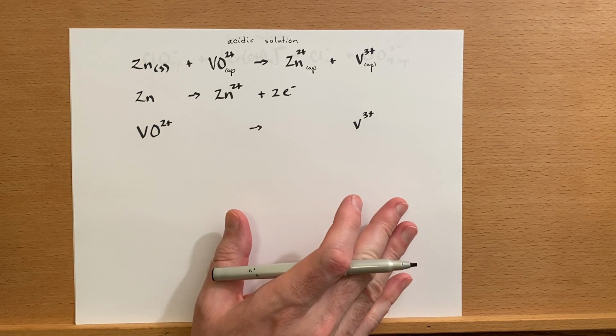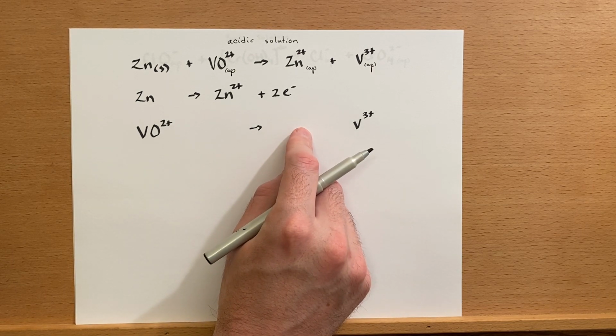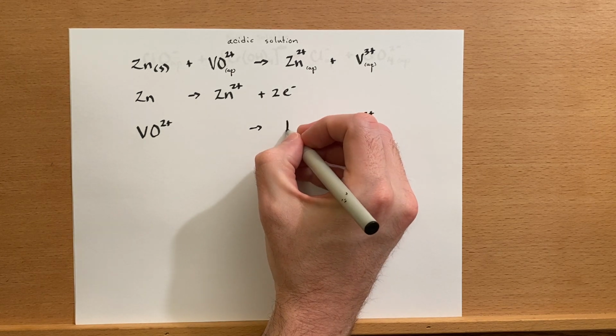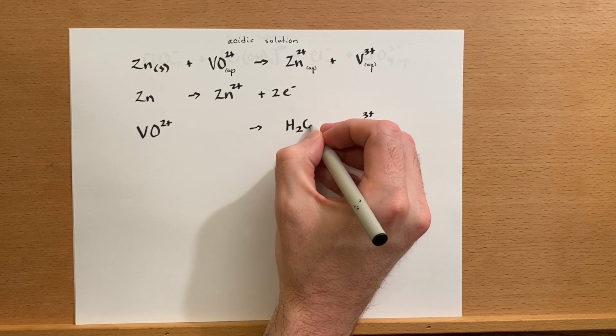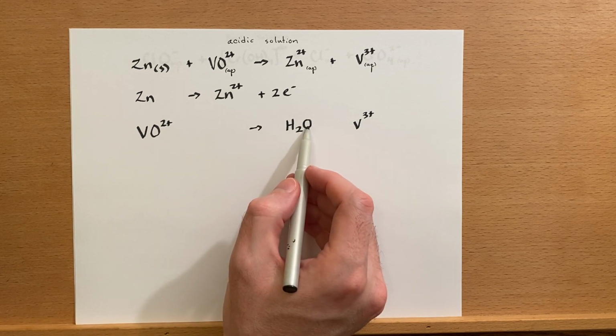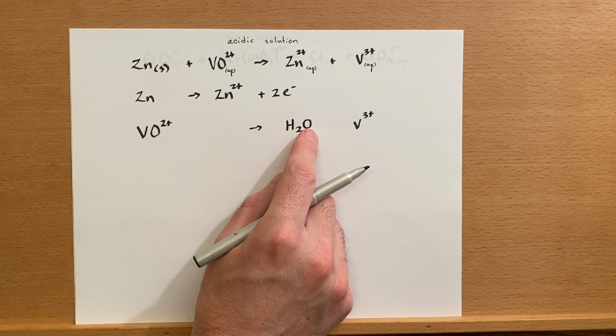H+ doesn't have any oxygen with it, water does, so I'm going to add a water to this side, and we'll see how much we need. Now I have 1 oxygen over here, I have 1 there, so I really just needed the 1 water in this case.